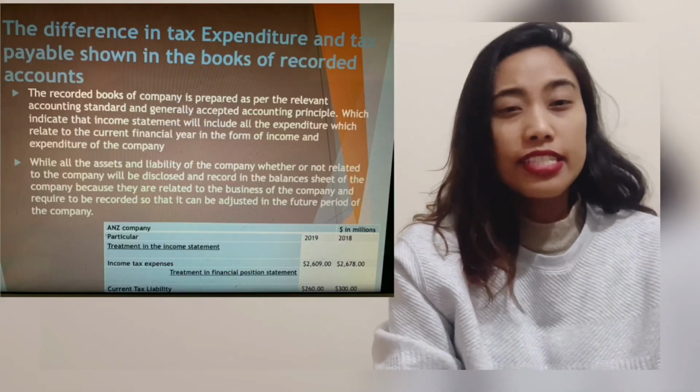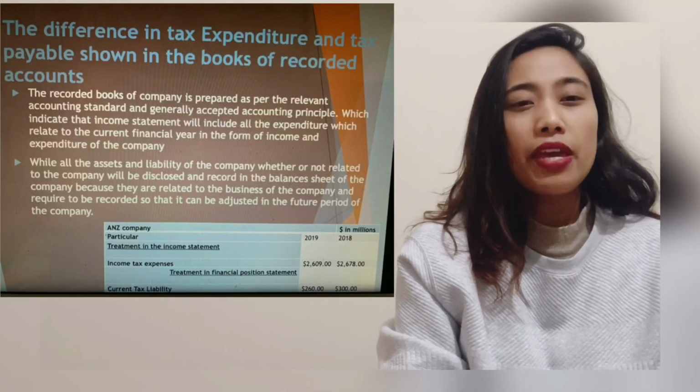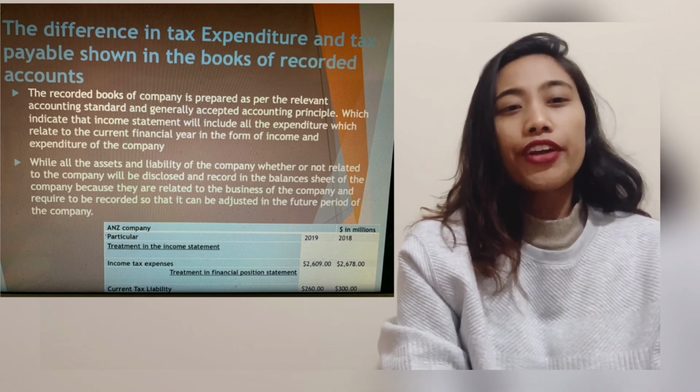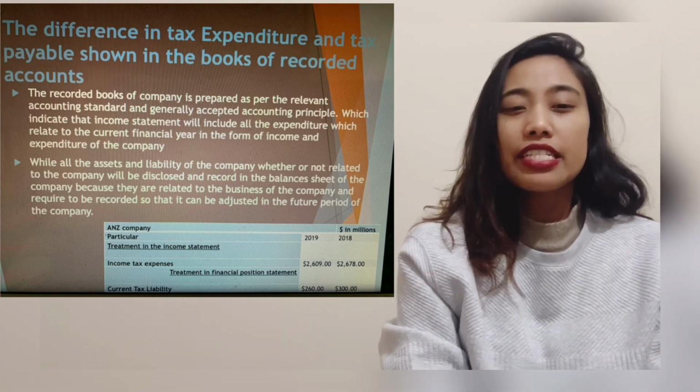So, the differences in the tax expenditure and tax payable shown in the recorded books of accounts can be seen in the table.